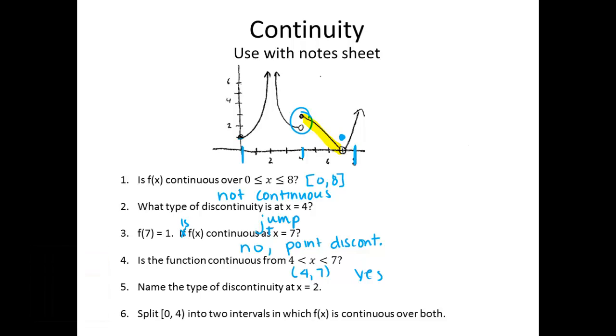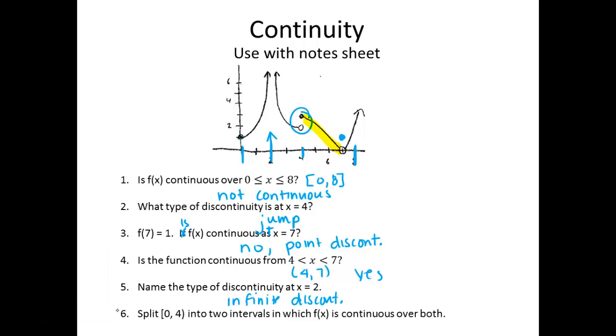Name the type of discontinuity at x equals 2. I look here at x equals 2, and that is an infinite discontinuity. Now this time I want us to split the interval from 0 to 4 into two different intervals in which f of x is continuous over both.